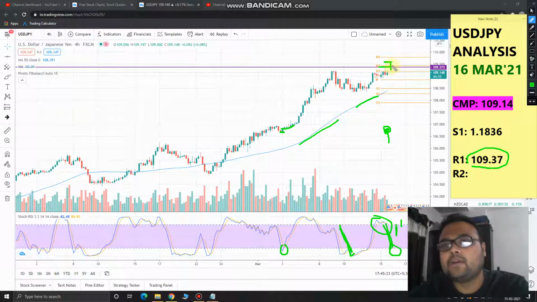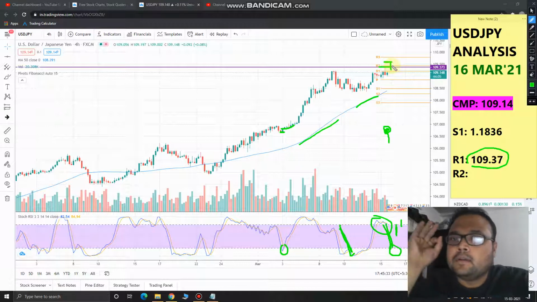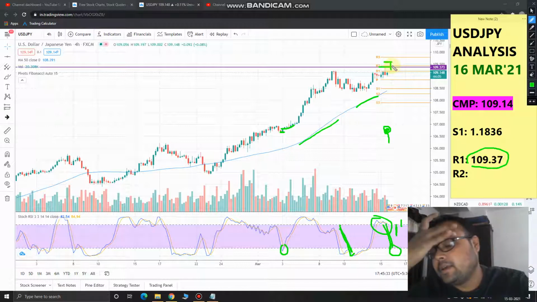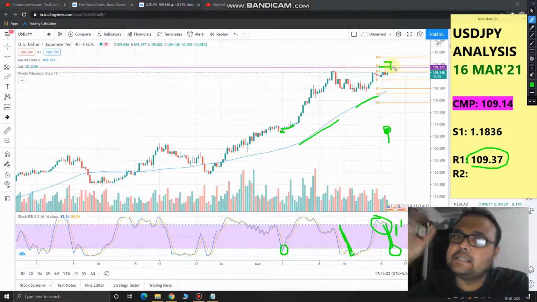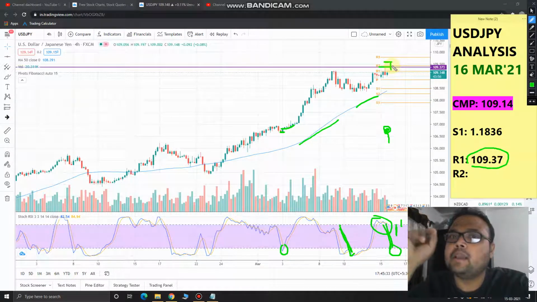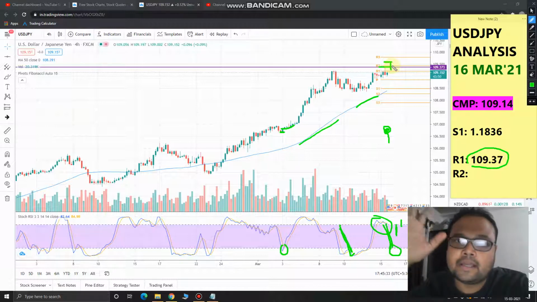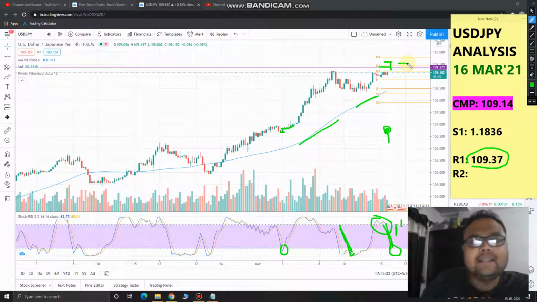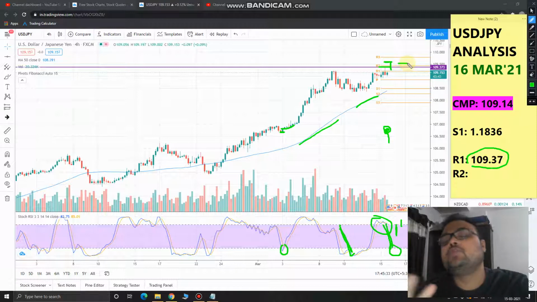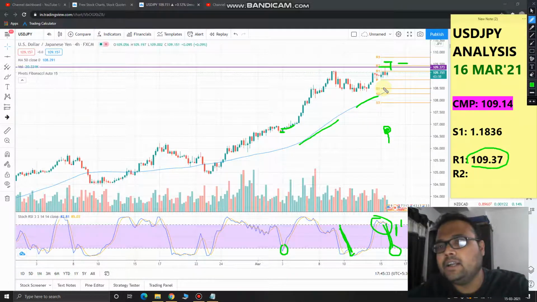If you see that the market is still trading comfortably above this resistance, then you can go for a buy. So if the market crosses this level, then wait for the market to come to the oversold zone, and when it is there, just look at the position of the price. If you see that the market is still trading above this level comfortably, then it's also a very good position to initiate the buy order.